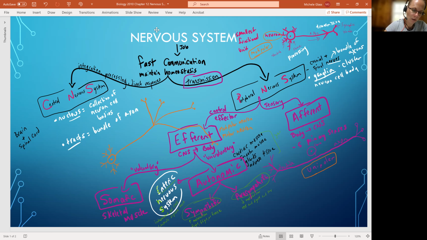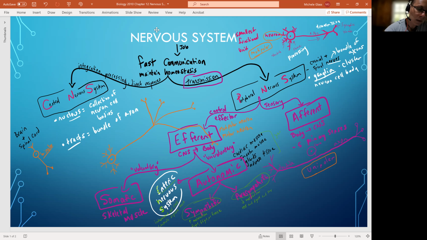And then when we're looking at the central nervous system, we'll see a shape that's described as bipolar neuron. So the bipolar neuron has the dendrite, cell body, and then the axon coming off of that. We call this bipolar.